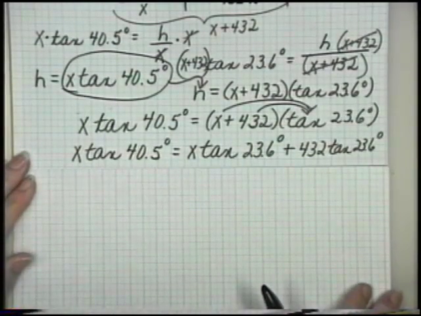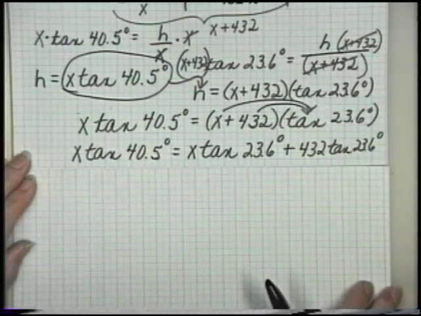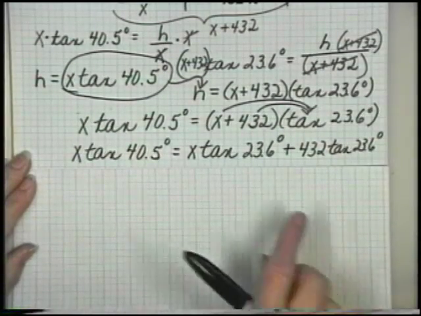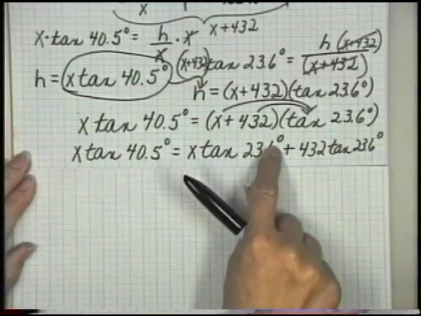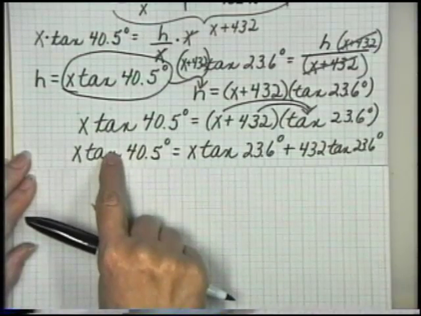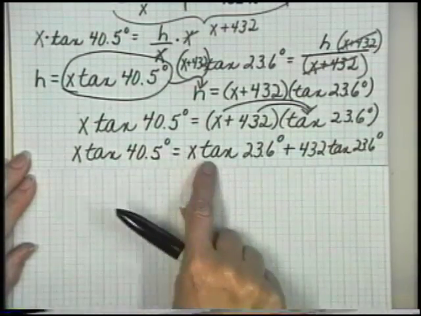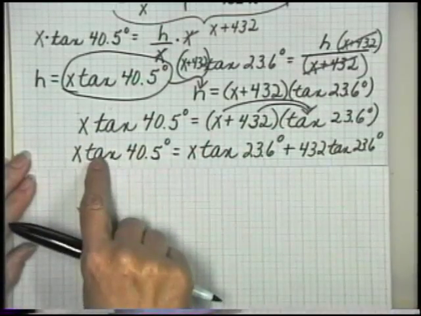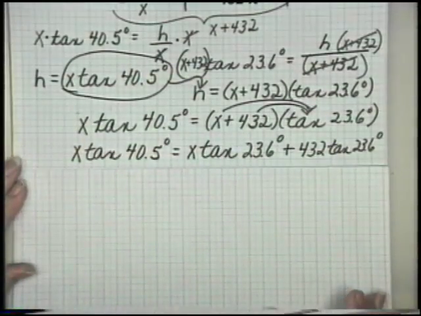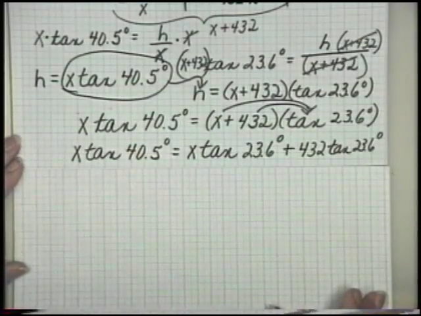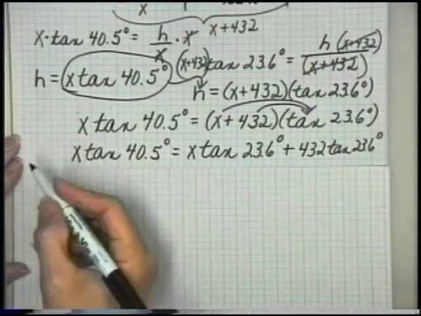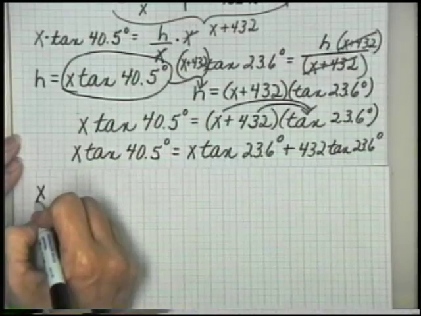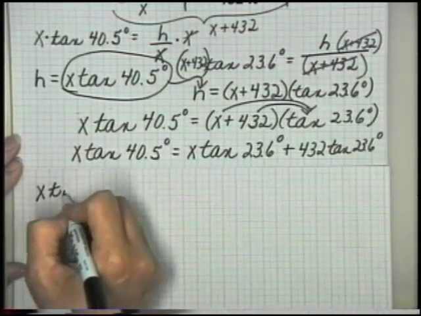So to solve the equation for x, I want to get both the x terms on the same side of the equation. So I need to move this term over with this term. So how do I move a term from one side of the equation to the other? Well, I want to subtract it from both sides. So when I do, I'll keep this term where it is.